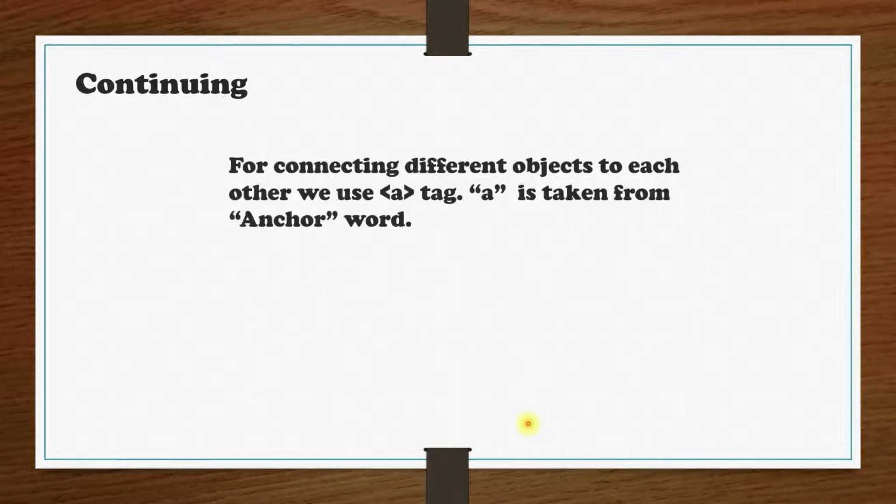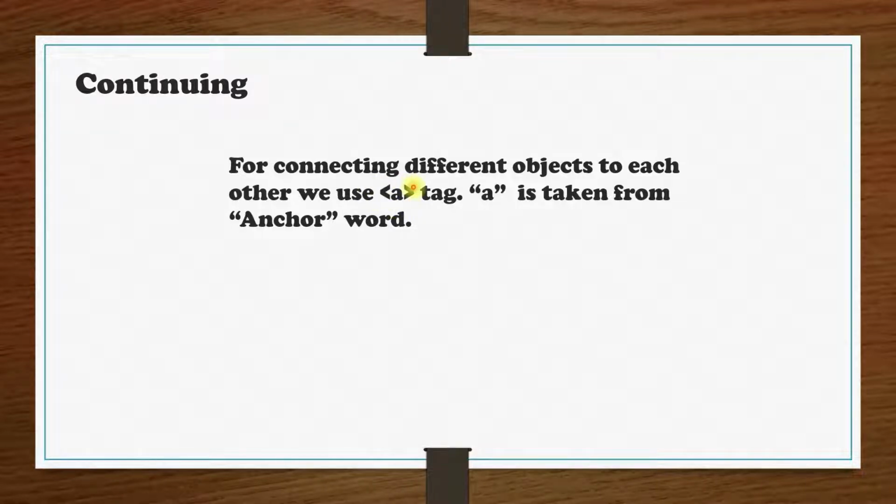And for connecting different objects to each other, we use what? A tag. Look, for making a hyperlink, we use the a tag, and for connecting objects to each other, once again, we use what? The a tag.